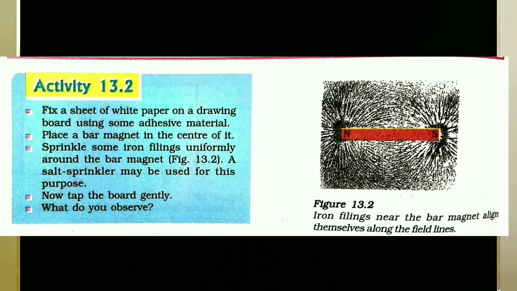Now we have iron filings, right? Just sprinkle some iron filings uniformly around the bar magnet. And now just tap the board or tap the sheet of paper. Now you will observe that the iron filings arrange themselves in a pattern as shown in this figure.